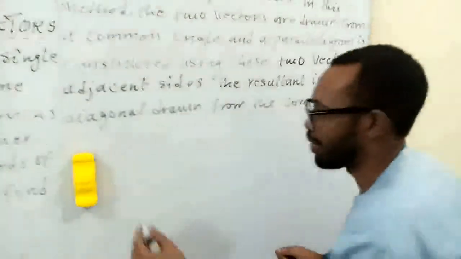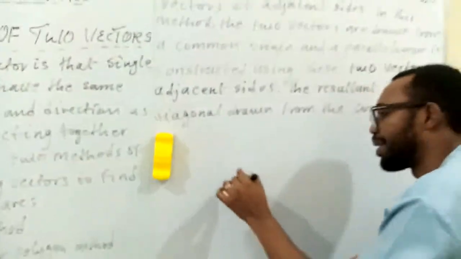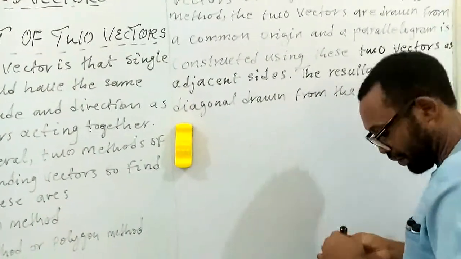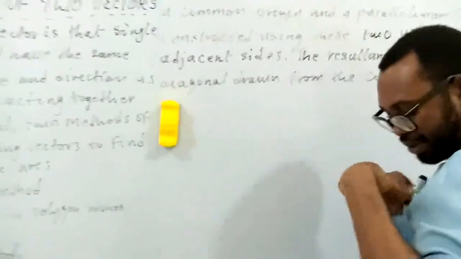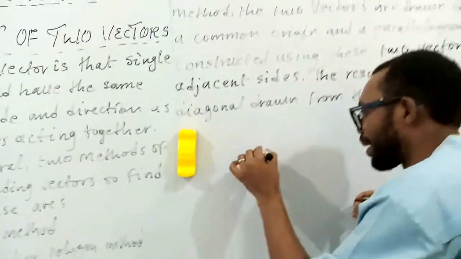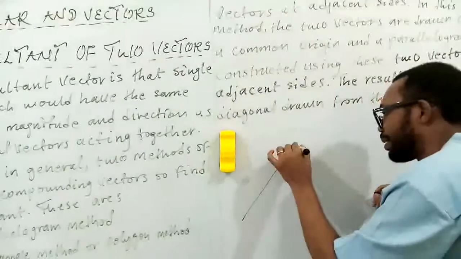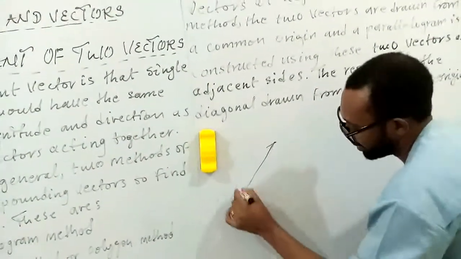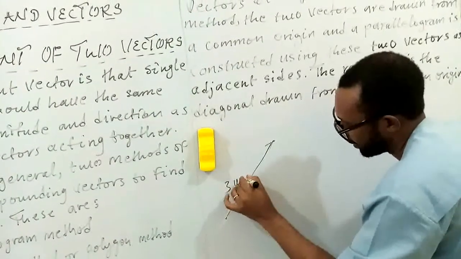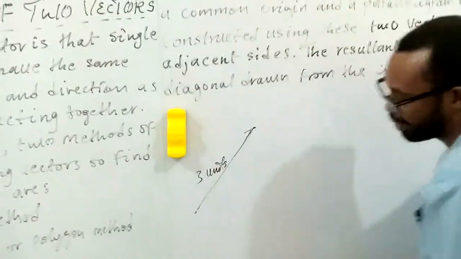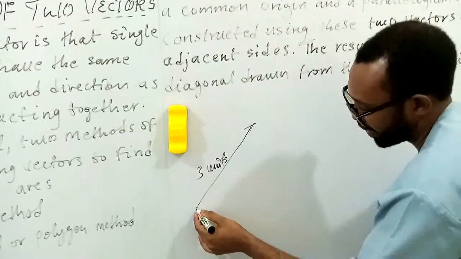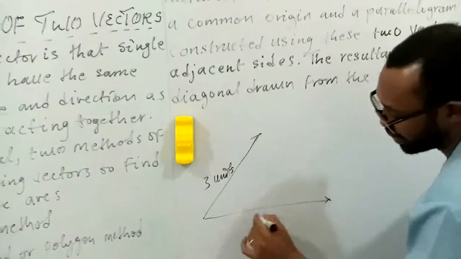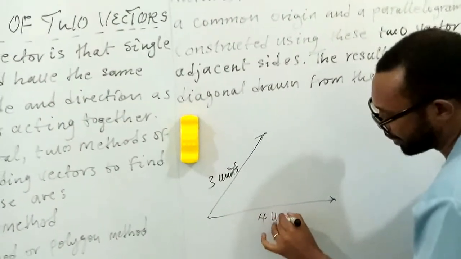Let's have a trace of a vector. Sorry for that, let me use this other marker. Okay. That's a vector, let's say 3 units. Then you have another vector, let's say this is 4 units.